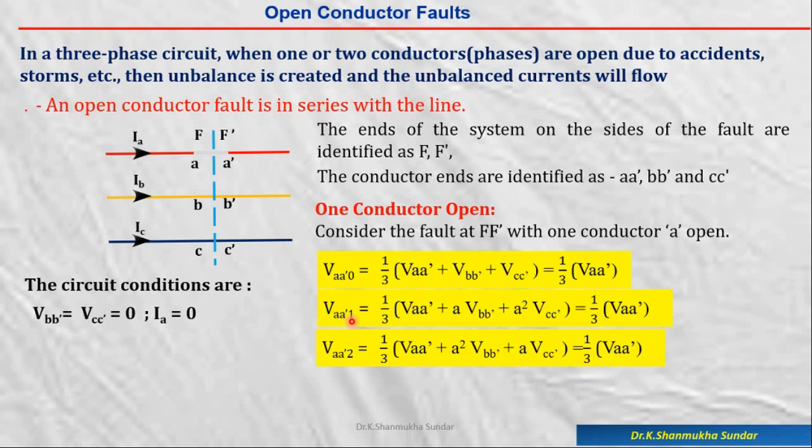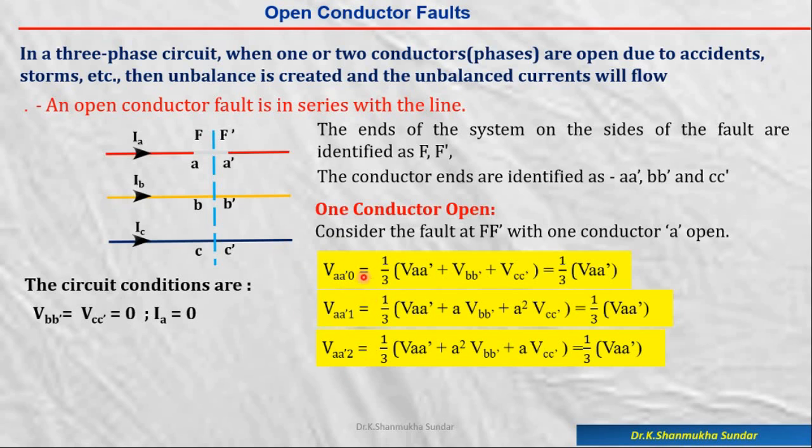Then 1 indicates positive sequence voltage across A dash. Then 2 indicates negative sequence voltage across A dash. Is it clear? So double suffix we are using here, isn't it?